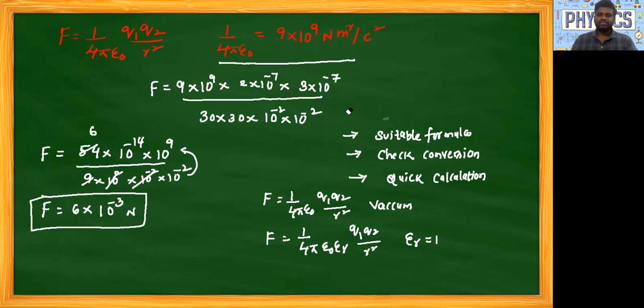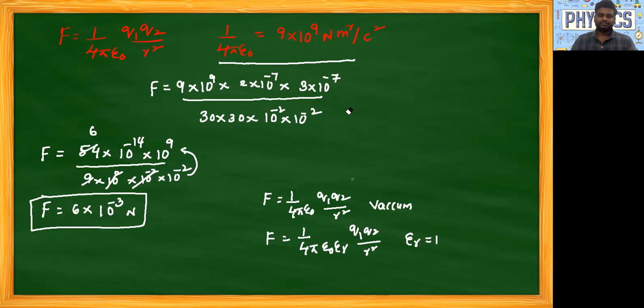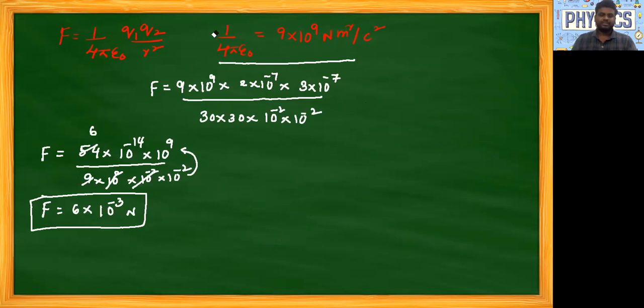And what is the nature of this force, attractive or repulsive? The nature of the force is repulsive, because both charges are positive, and like charges give a repulsive force. Okay, this is our first question.